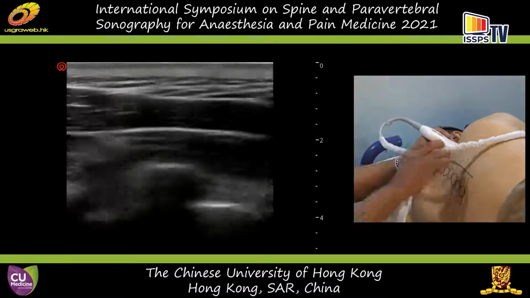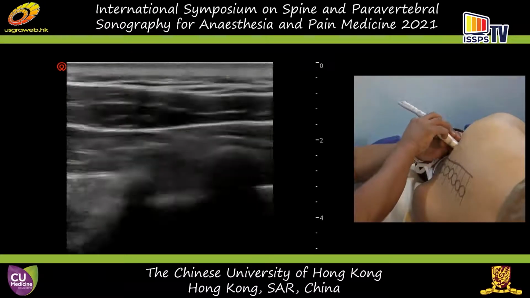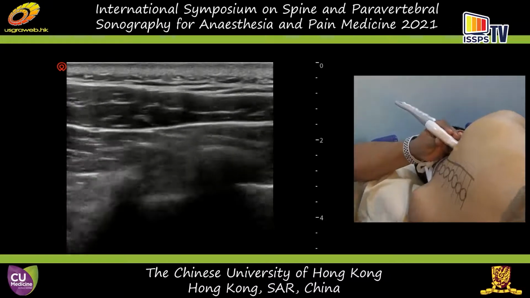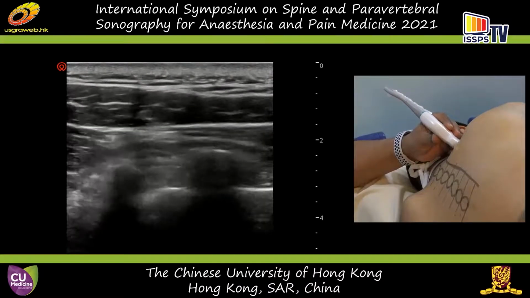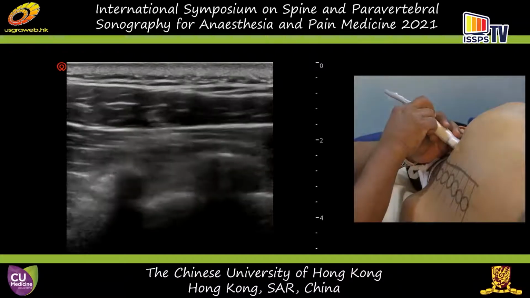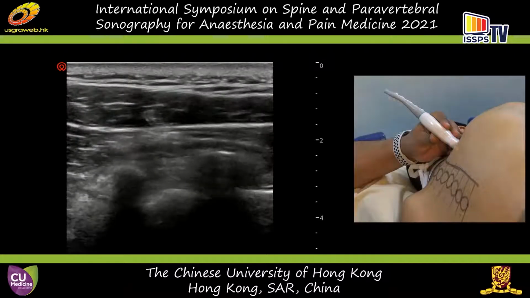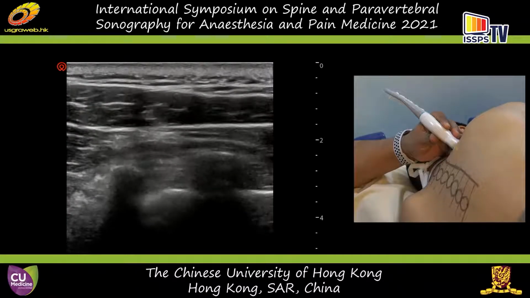Now, if you see here, we have the first rib here, which is usually much smaller, and more cranial. Now, Daniel, can you please put it on the trapezoid, a wide scan, which is your field of view? Okay, we can make the field of view slightly wider here.